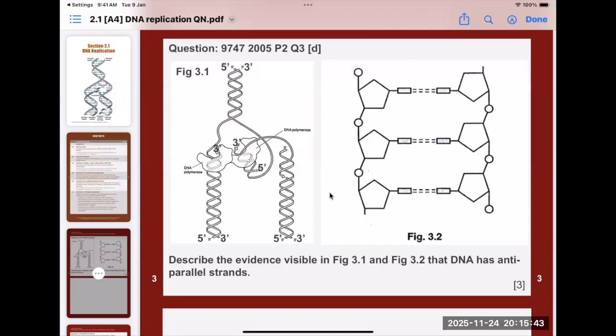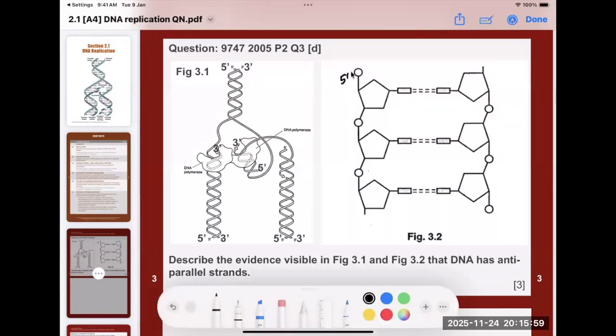Can you tell me where is the 5 prime, 3 prime end? The 5 prime is at the phosphate. This side, right? 5 prime end. The 3 prime is at the bond linking to the second phosphate.